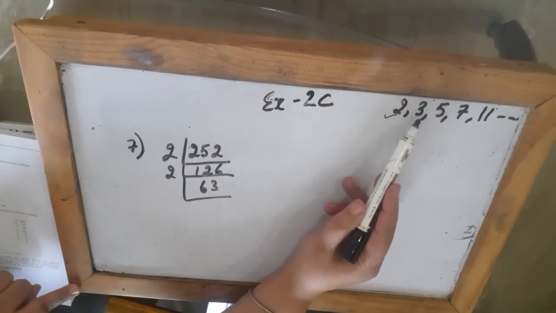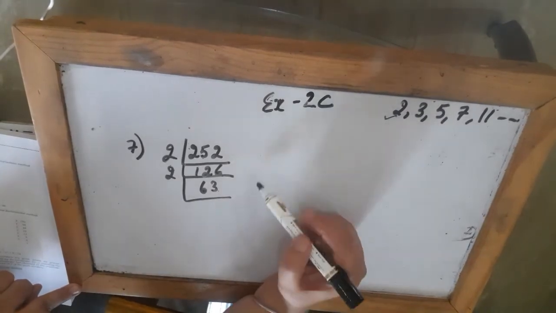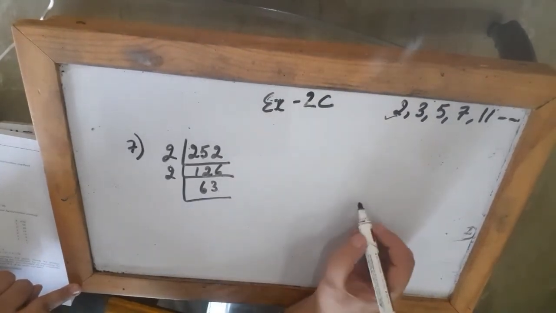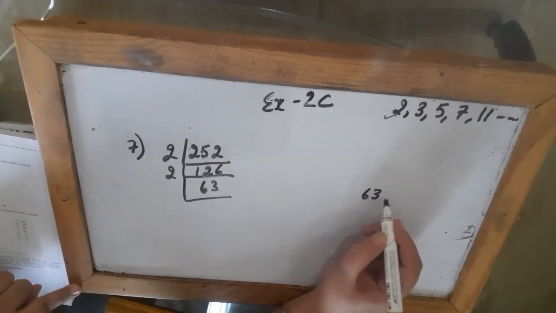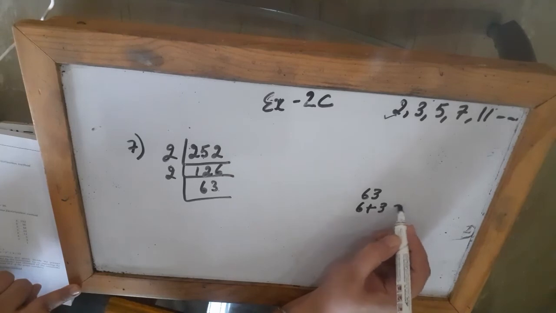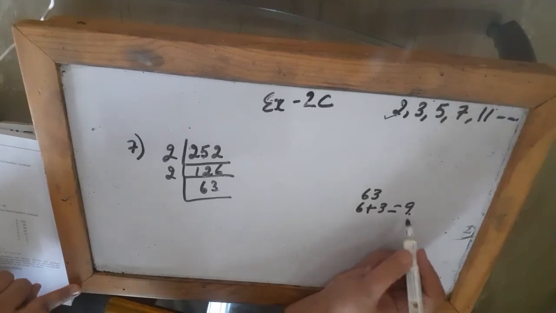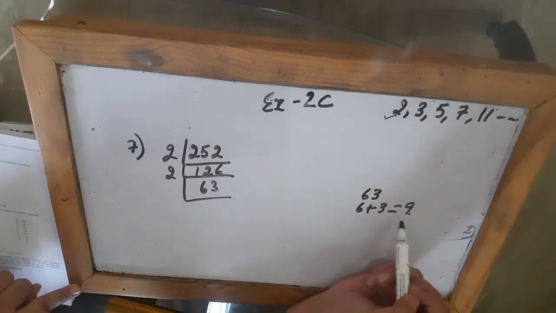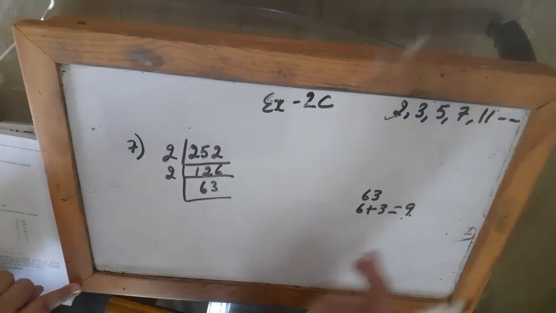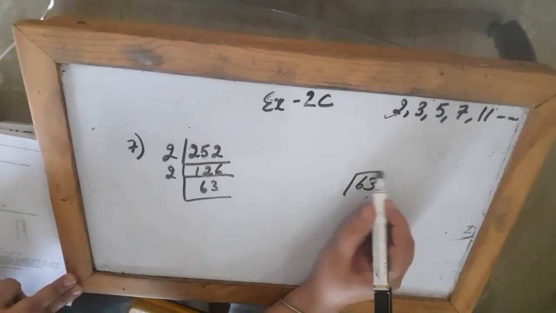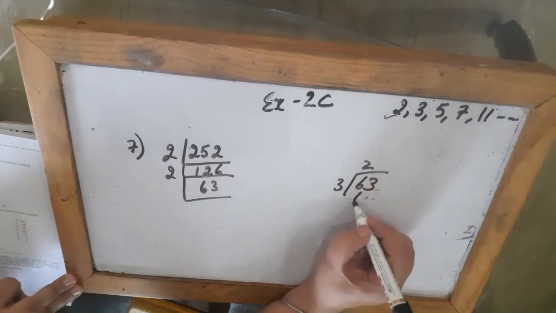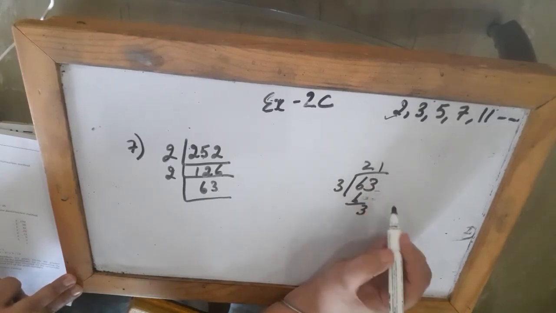Now which is the next prime number? It's 3. Is this divisible by 3? Do you know the divisibility test of 3? You must have learned it the previous year. 63, what do you do? You add the digits. 6 plus 3 is 9, so 9 is divisible by 3. It means this number will be divisible by 3. Yes, so if you want to know where it is divisible by 3, 3 2s are 6 and 3 1s are 3.